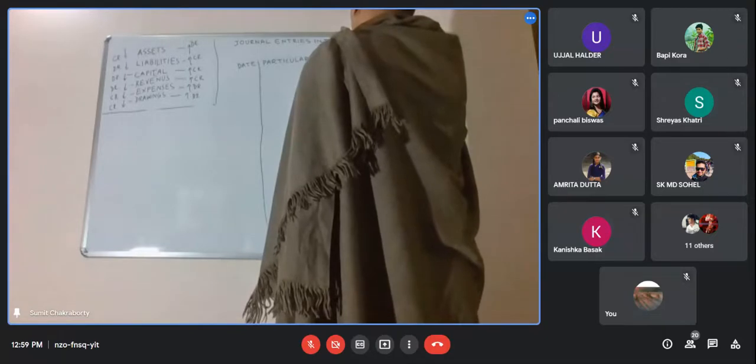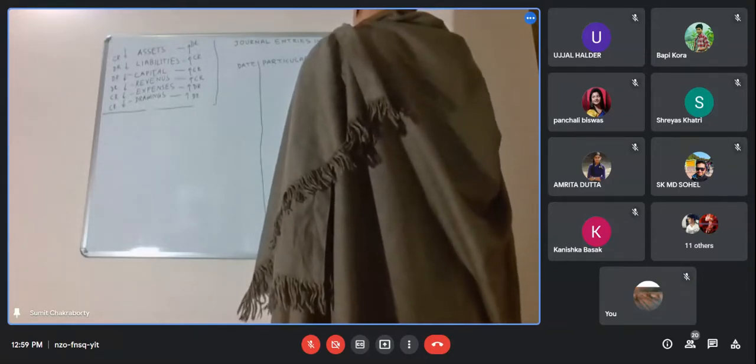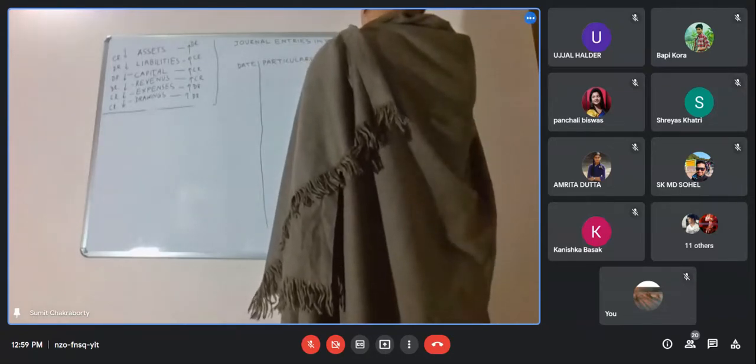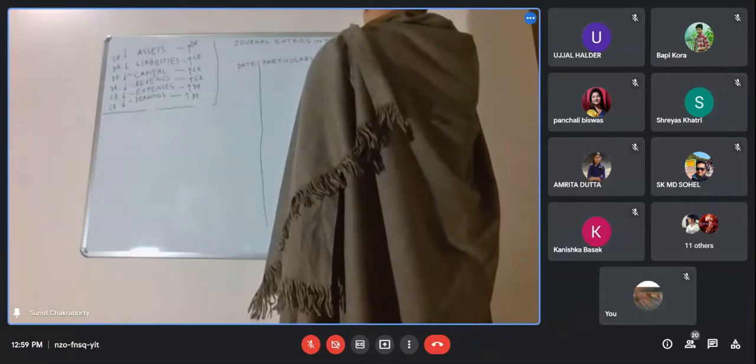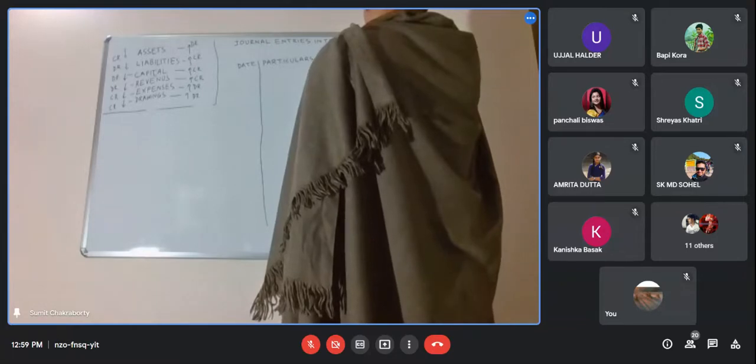debit amount in rupees, credit amount in rupees.